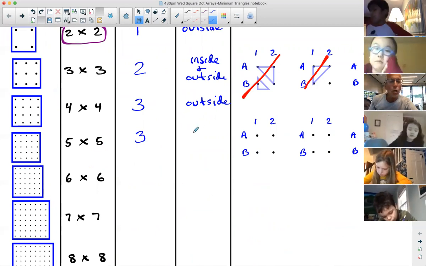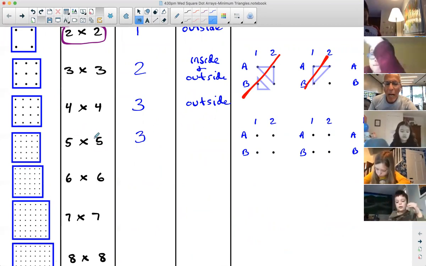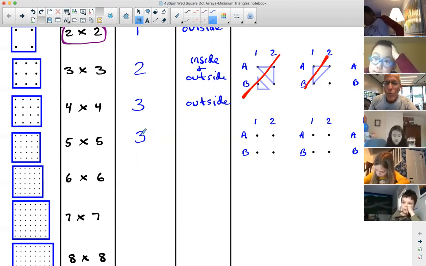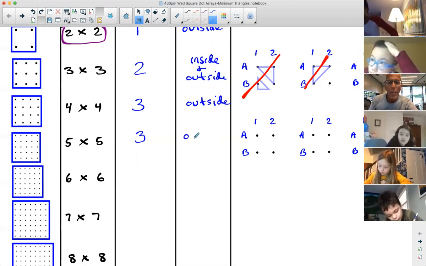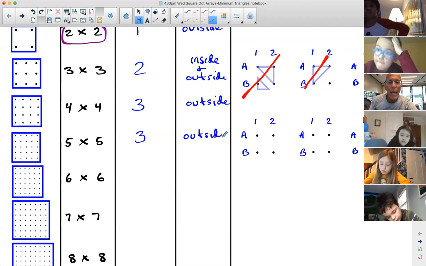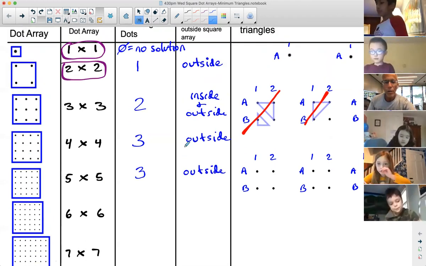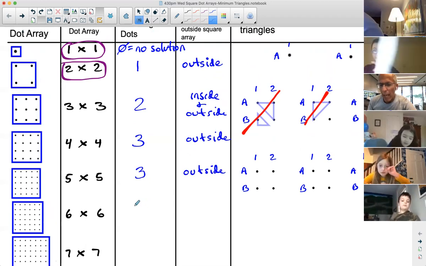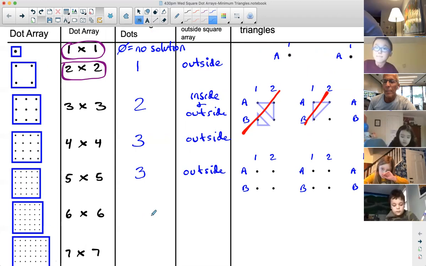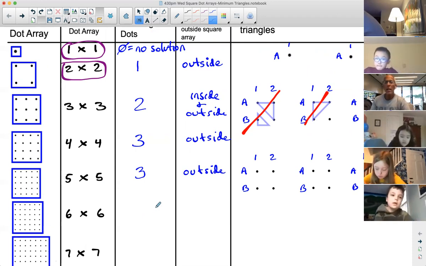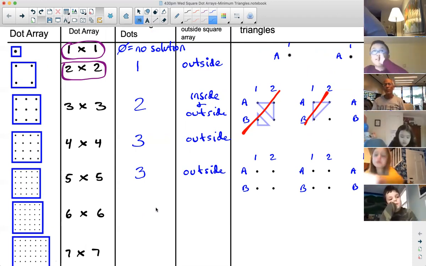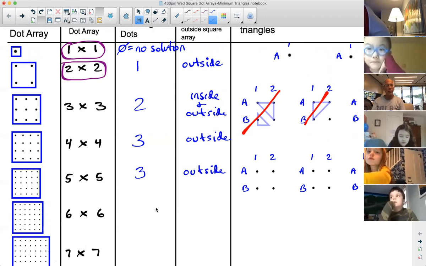So guys, the 5x5 has 3 triangles and they both went outside. Now, who has a conjecture for how many triangles we're gonna have for the 6x6? Who thinks we can do it in 3? Tess, what do you think? I think we can do it in 3.